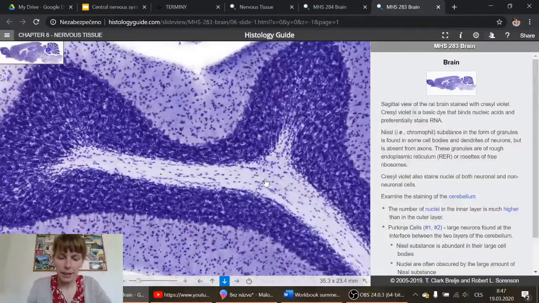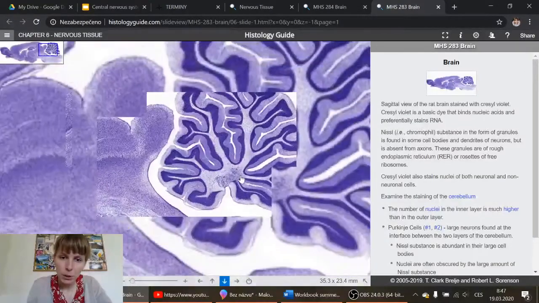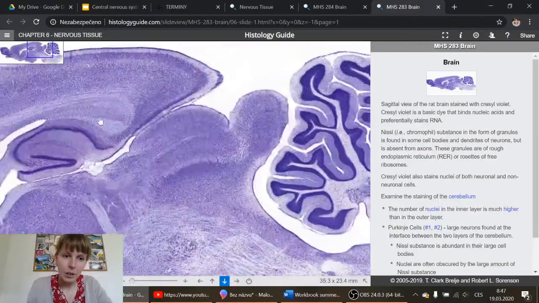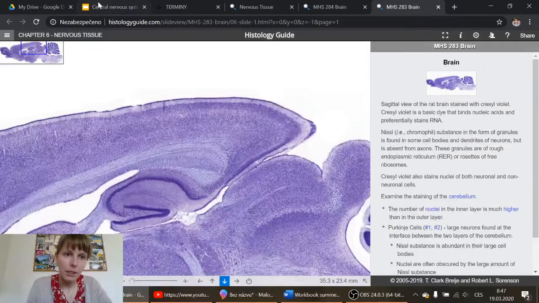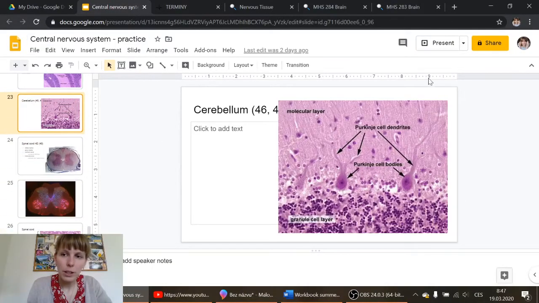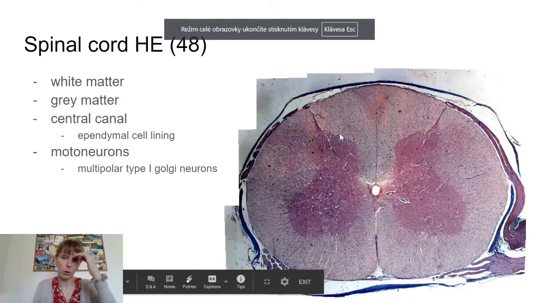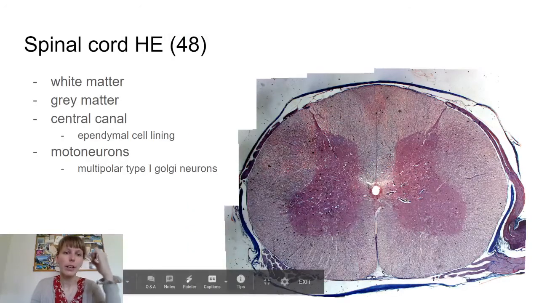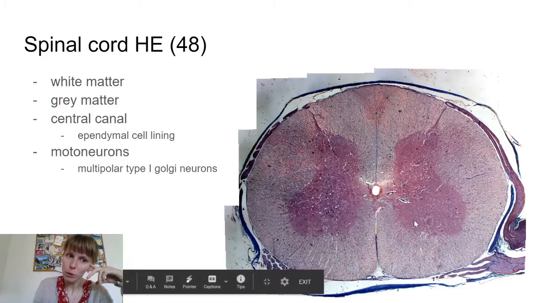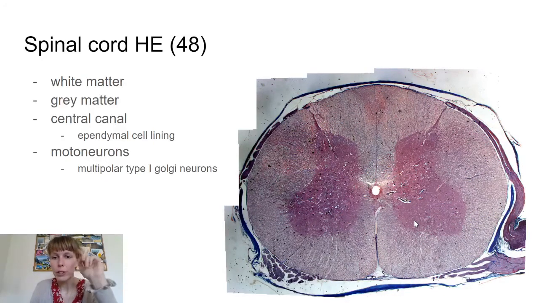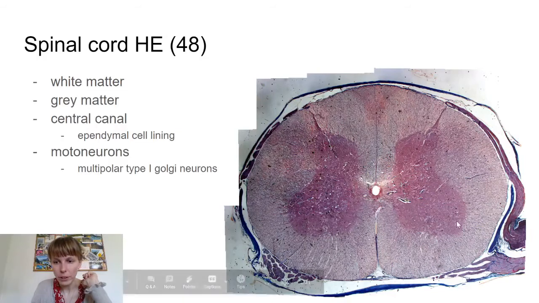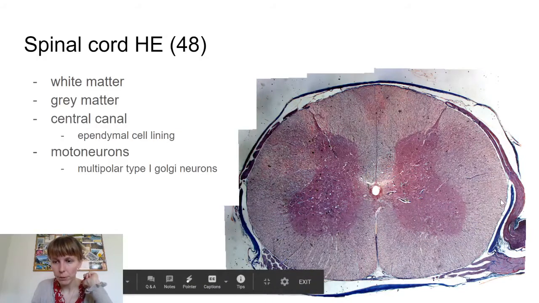The principle is similar. So this was the cerebellum and brain cortex, and now let's move on to the spinal cord. The spinal cord will also have gray matter and white matter. However, it's important to realize that, as opposed to the brain, here you will have the gray matter inside, surrounded by the white matter.